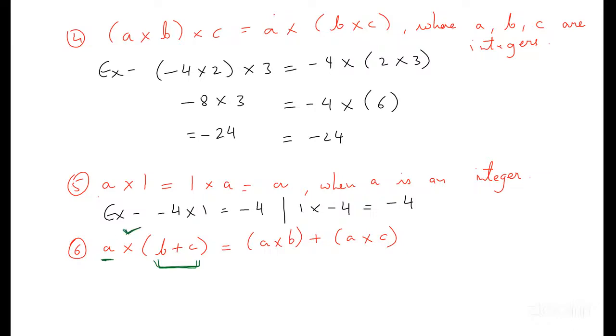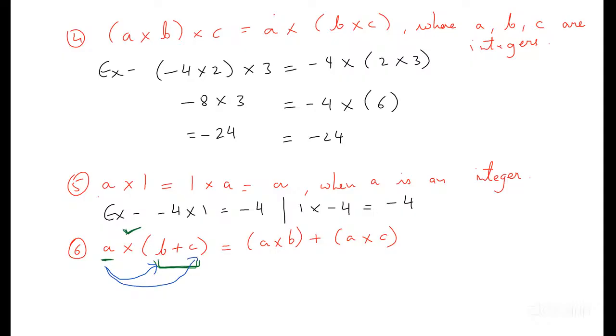It means that the number on the outside has to be multiplied with both the numbers that are inside.